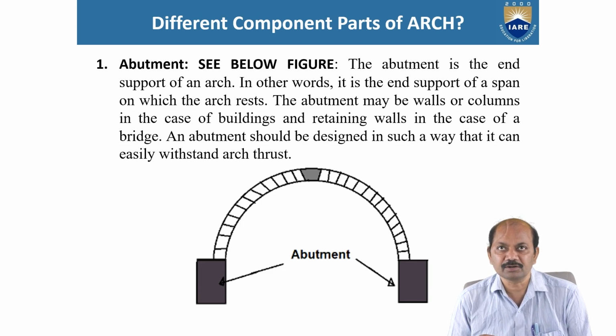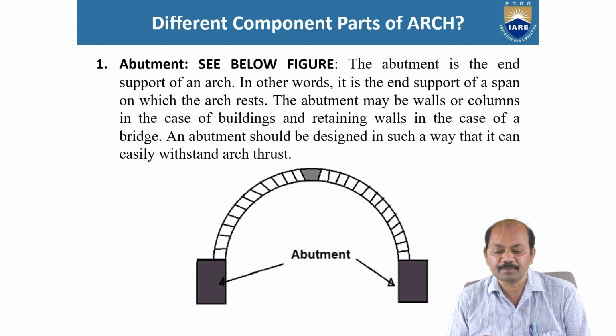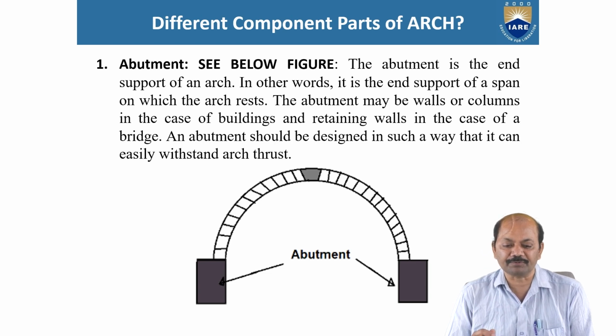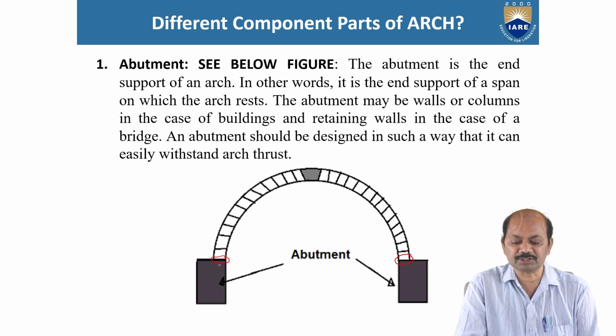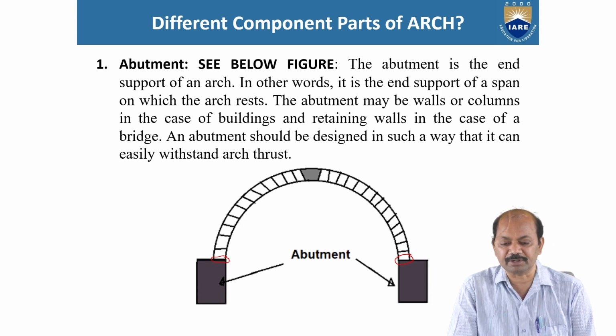See the figure, abutment. We'll see what we mean by the abutment. Abutment is the end support of an arch. End of arch is this. In order to support the ends of the arch, abutments are provided.